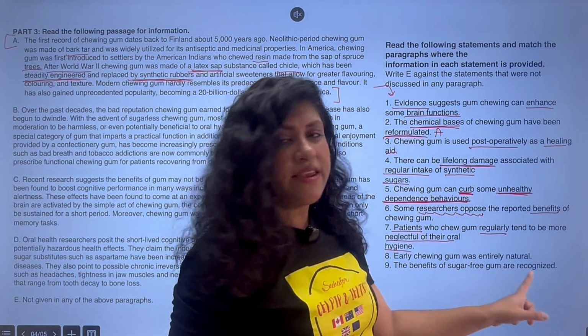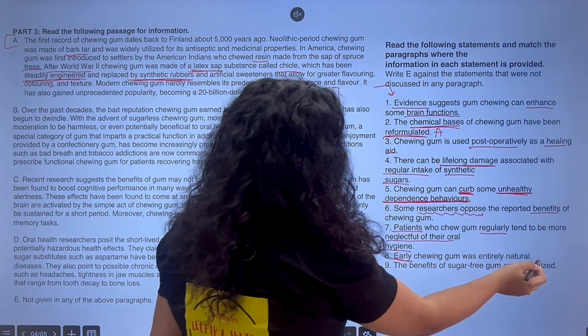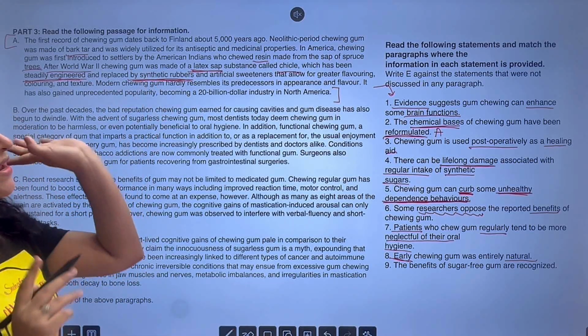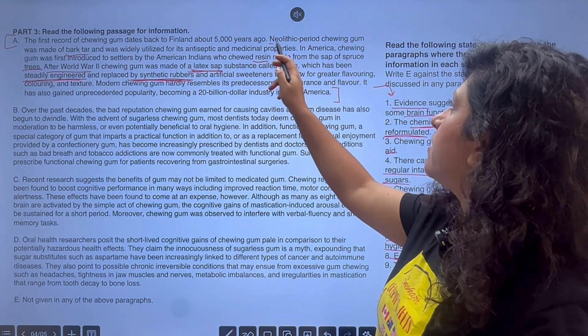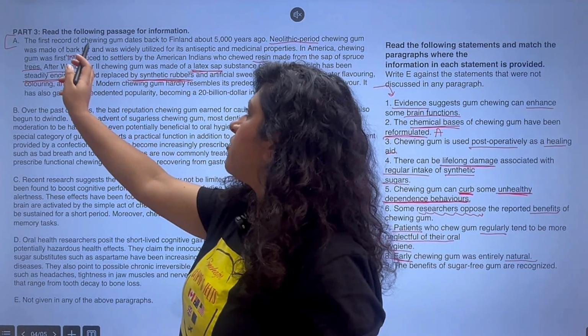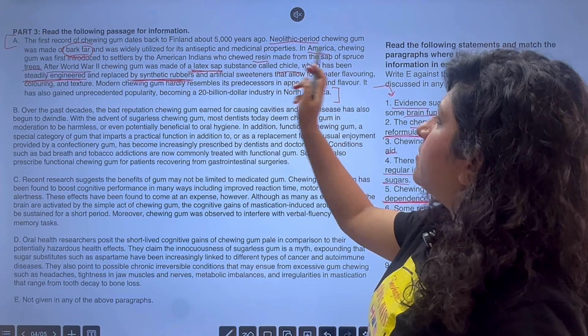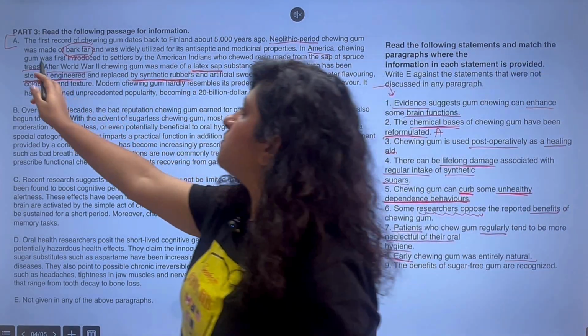Come to question number 8. Early chewing gum was entirely natural. Early means in history. It was entirely natural. Yes. Para A definitely talks about it. How? When it says in Neolithic period, chewing gum was made of bark tar. Then in America, it was introduced by settlers and then it was made of spruce trees.